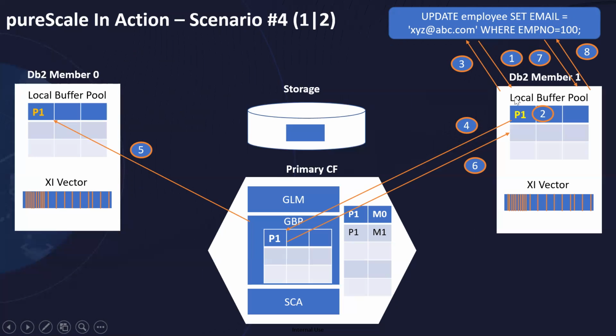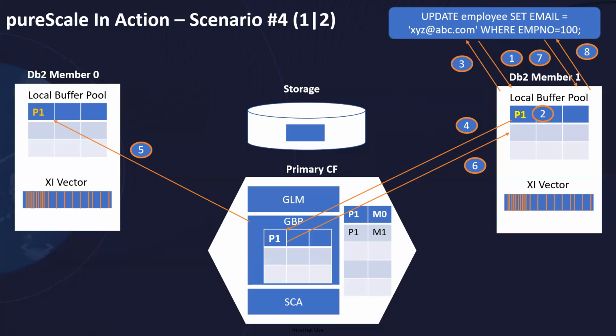The page P1 is already present, by the way, from the previous example, where it read the new page. That was the recent page of the data, present in member zero, and it returns the update SQL successfully, because it found that particular page in the local buffer pool.